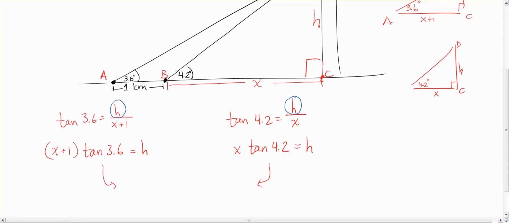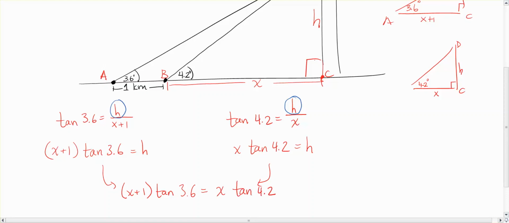So using substitution, we would get X plus 1 times tan 3.6 equals X times tan 4.2.